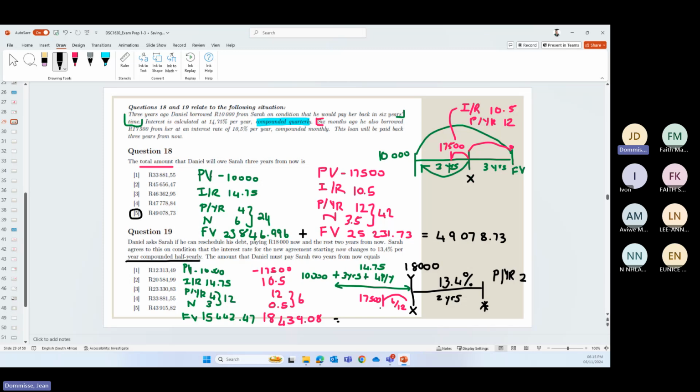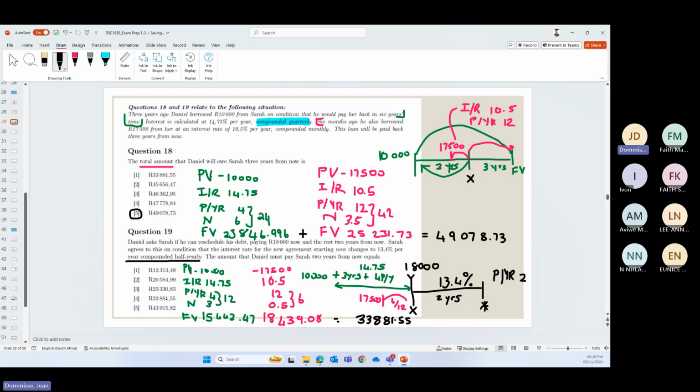Okay, so that is the now value, 33,881.55. Okay, so that is what X is now.